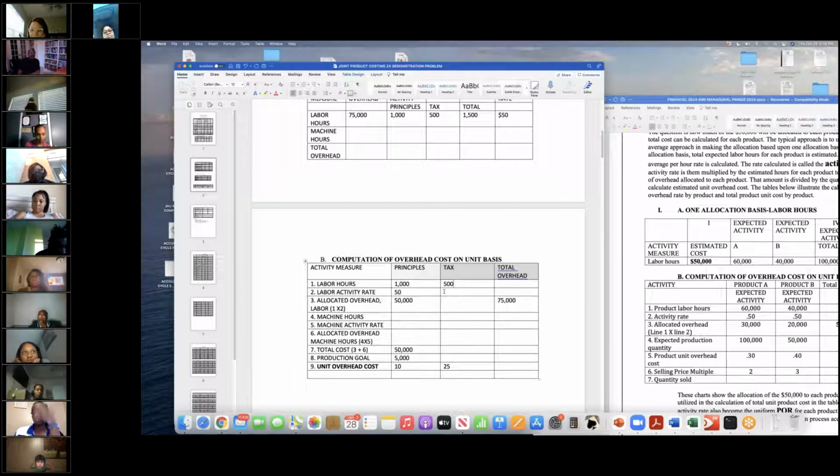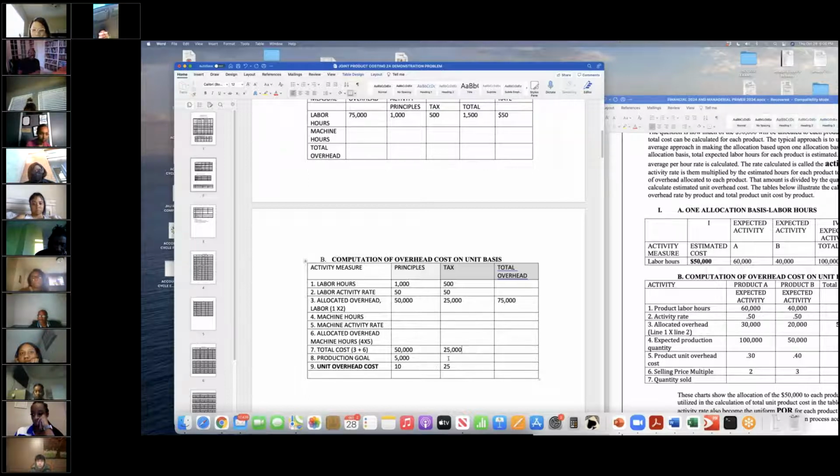Same activity rate, 50. And so 50 times 500 is 25,000. And you do your little check here. Your total overhead has to be 75. So we make that check. We aren't using machine hours, 25,000.